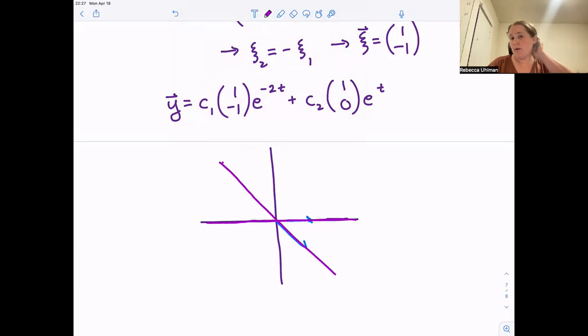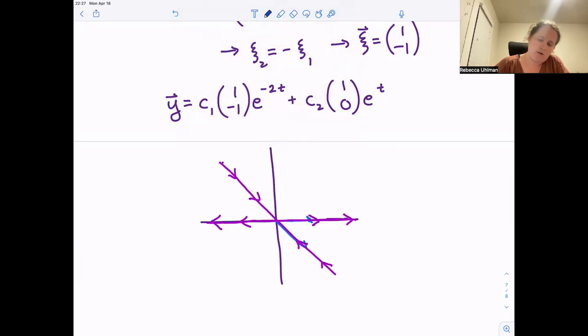Along 1, 0, e to the t will go to infinity as time passes. So we are heading out from the origin. Along 1, -1, e to the -2t will head to 0 as time passes. So we will be heading into the origin. And then we just follow along what these arrows show.